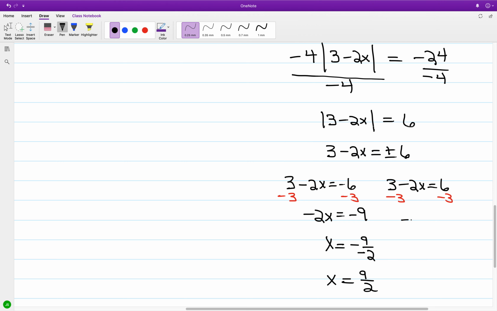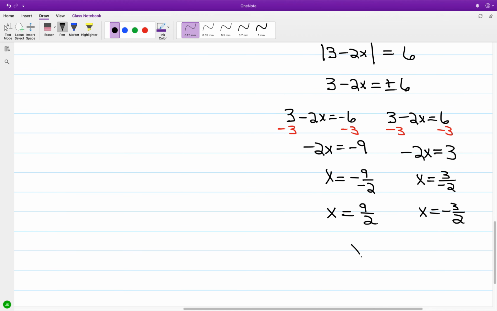Taking away 3 in the other equation, we have negative 2x equal to 3, and dividing by negative 2, x is equal to negative 3/2. So for this absolute value equation, we have these two non-integer results.